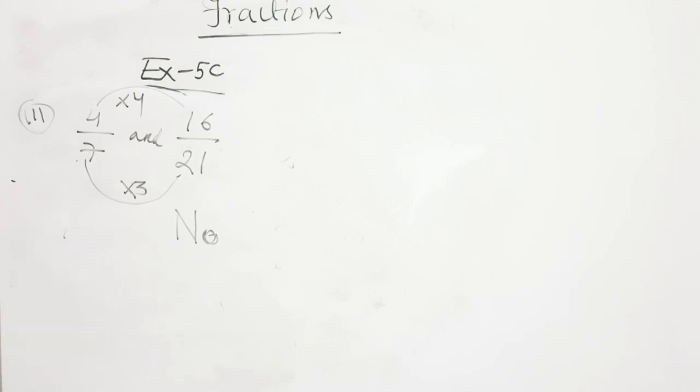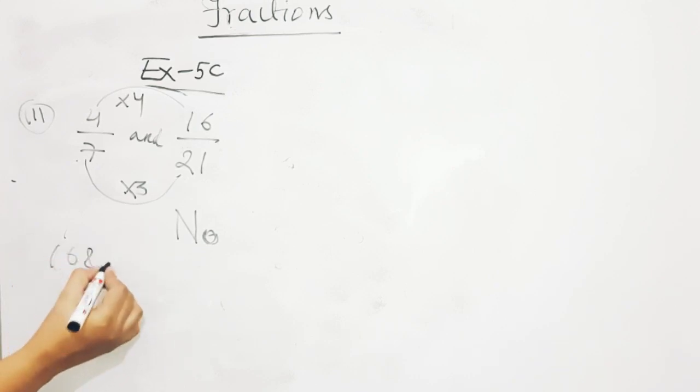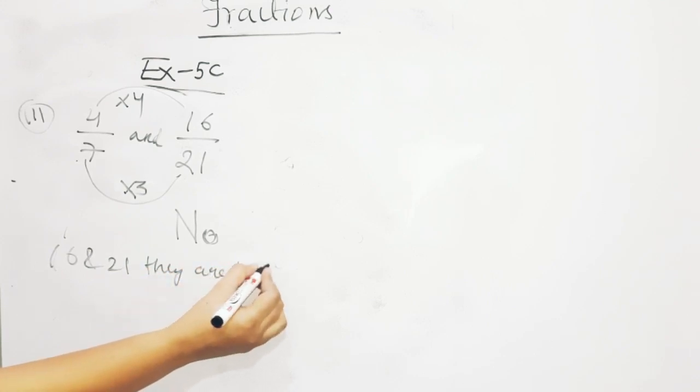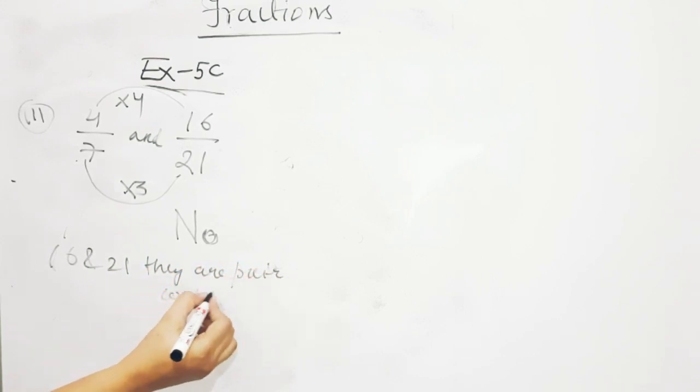ये आपके पहले मेथड से ही पता चल गया. बाकी के दो मेथड से भी आप चेक कर सकते हैं. 16 और 21 का आप HCF लेंगे तो उसका HCF क्या आएगा? 1 आएगा. Why is the HCF of 16 and 21 1? Because they are a pair of co-prime numbers. मैं बार बार क्यों याद दिलाती रहती हूँ आपको ये सारी चीज़ें?